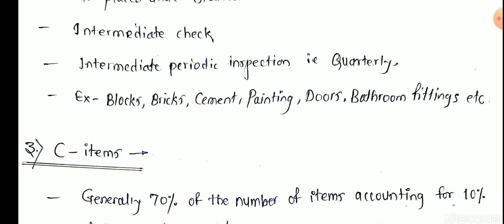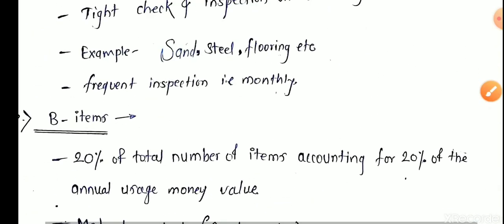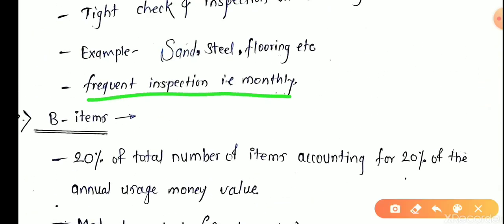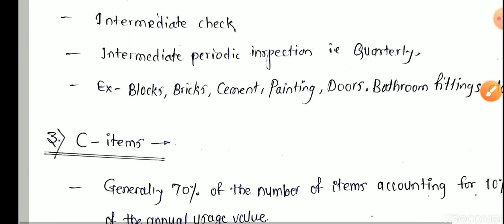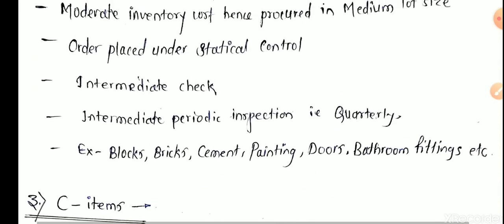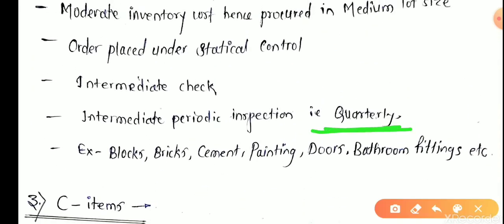A type items require a monthly check on how many items remain in our godown, how many you used, and how many more we require. We check monthly or after 2 weeks, but here it is quarterly, or after 2 to 3 months. We check how much stock remains in our godown or storage yard, and how much we have to order for further procurement.